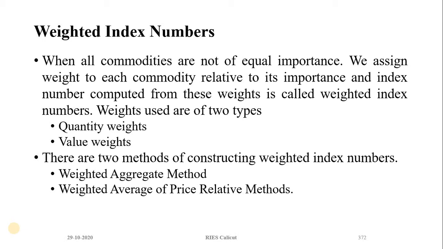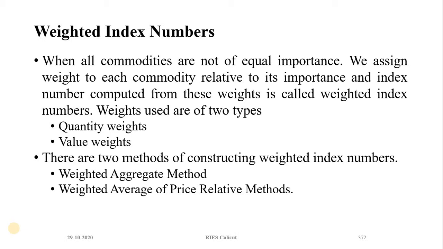But we have bought only 8 grams of gold. So 8 grams of gold will be more weighted in your index number because its price is very high. So this is the problem with the unweighted index number. So we have to consider the weight or the relative importance.